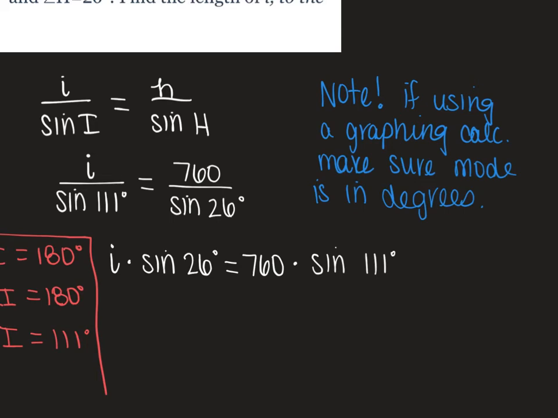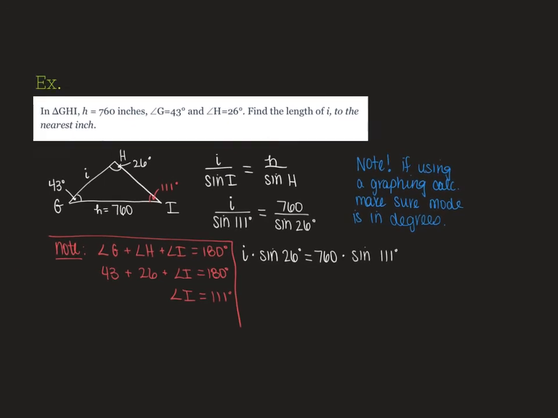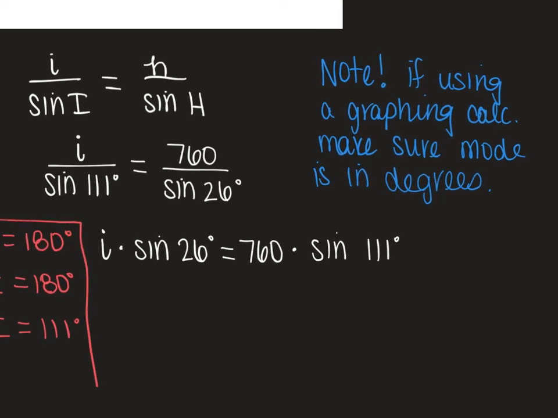So we're going to find the sine of 26, and that's going to be a decimal, 0.4383711468, times i.